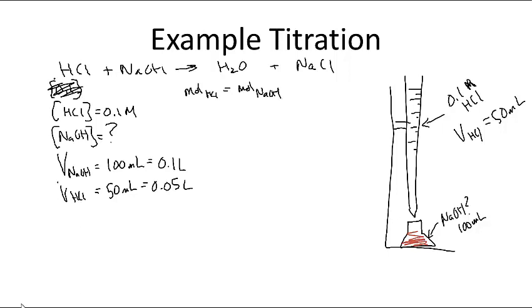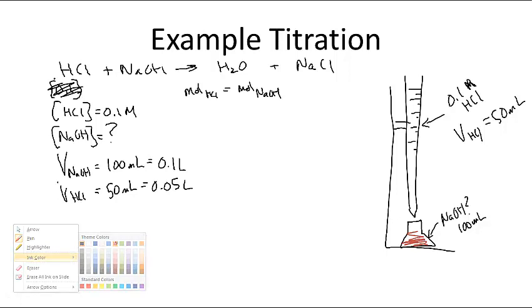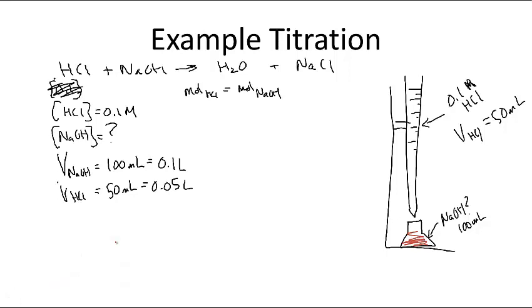Going back to finding moles from a couple weeks ago, my moles of HCl: I have 0.05 liters of HCl, and in every 1 liter I have 0.1 moles. That's from this concentration over here.